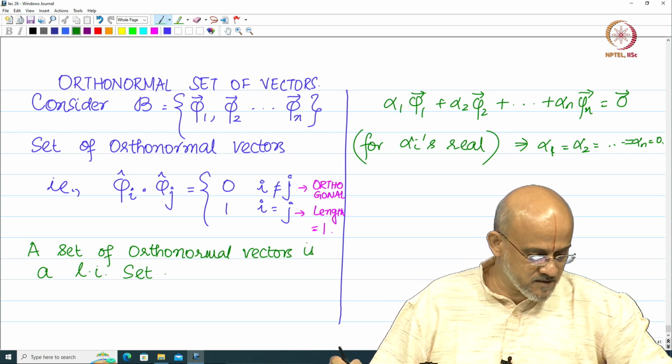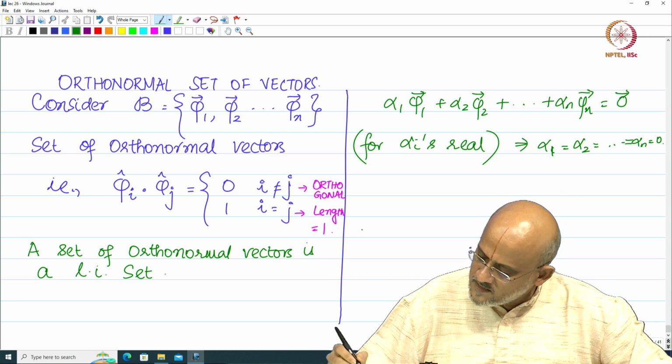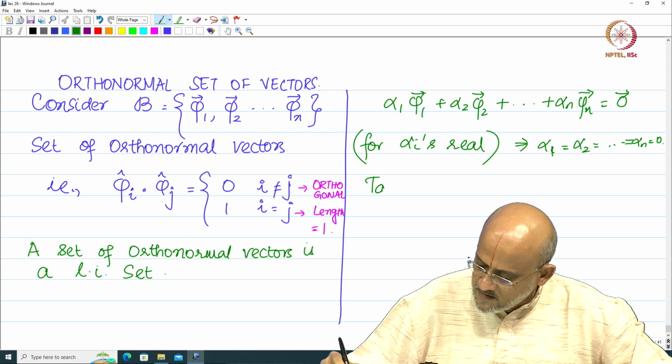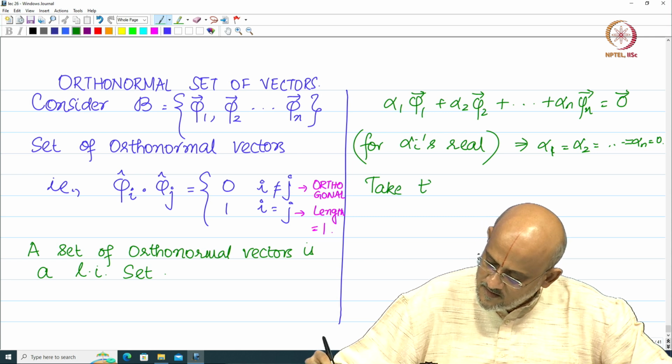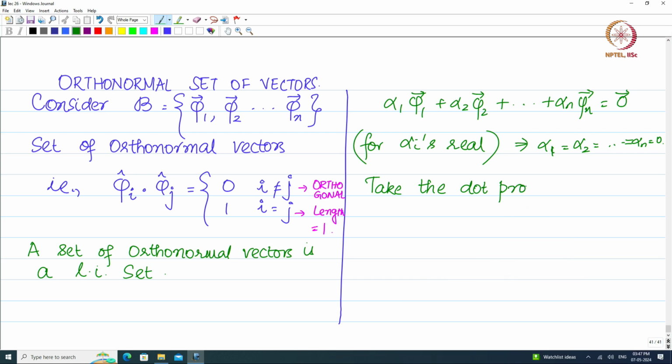Now, how do we prove this? It is easy to prove because all we do is take the dot product of phi 1 with this, let us call it equation star.